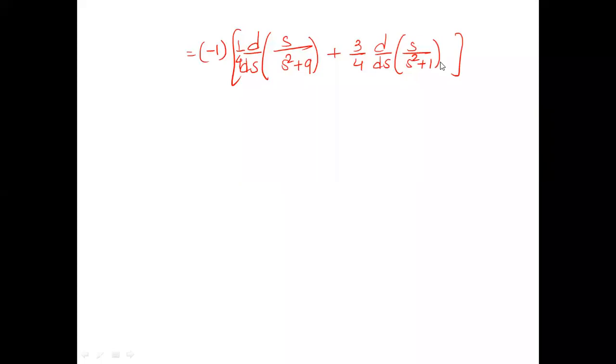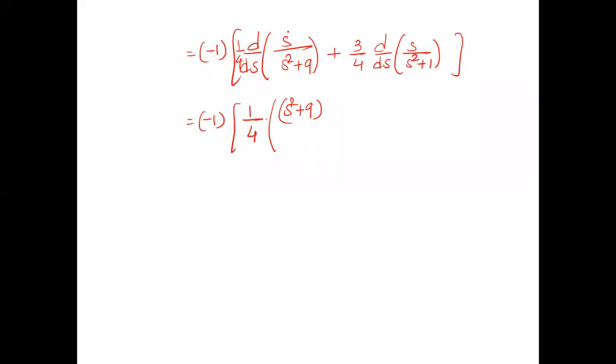Correct. So now we have to take the derivative. So it is minus 1 as it is there, 1 by 4 as it is, and derivative of this now is u by v. How can we apply? u by v: v into derivative of u, derivative of u is 1, minus u, s, into derivative of v.